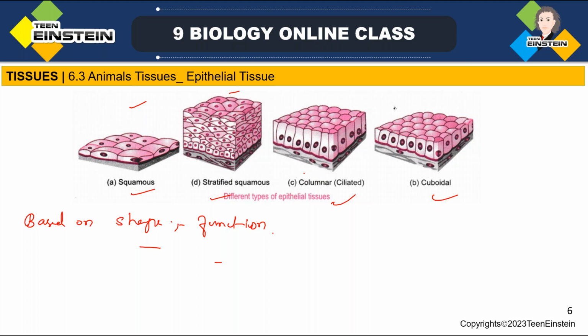Then we have learned another two types, ciliated and glandular.